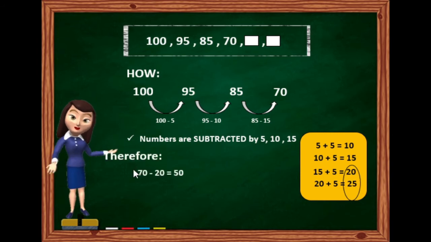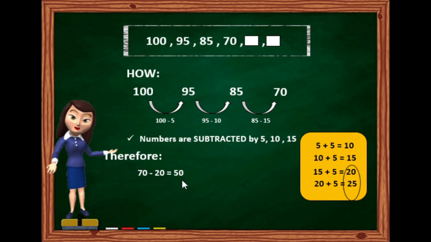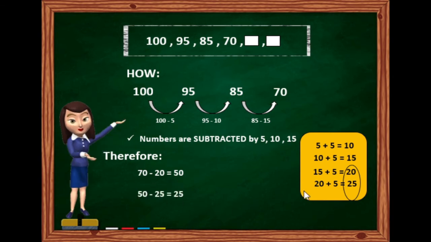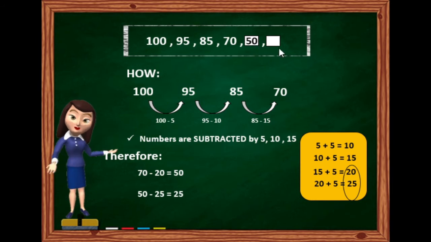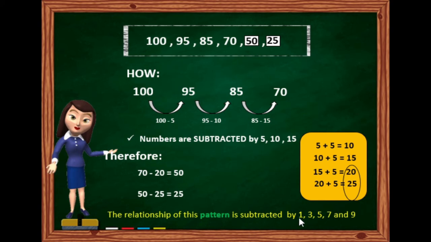Therefore, 70 minus 20 equals 50. And 50 minus 25 equals 25. So the next 2 numbers are 50 and 25. The relationship of this pattern is subtracting 5, 10, 15, 20, and 25.